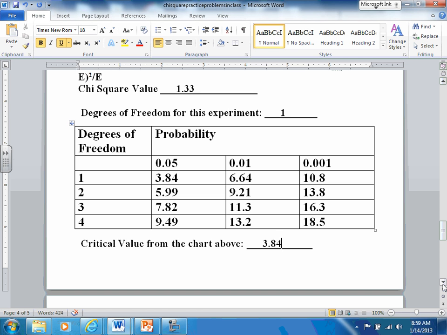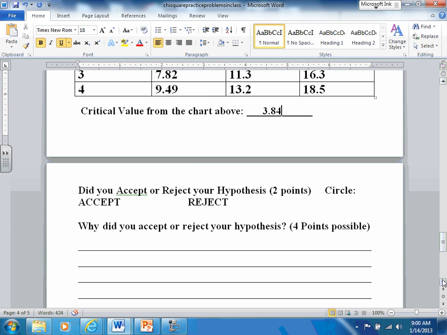Our differences between observed and expected are small, and probably just because of chance. So what do we do with our hypothesis here? We're going to accept our hypothesis. Our hypothesis is essentially that 3/4 should have been tall and 1/4 should have been what? Short. We can accept that hypothesis because our data support that hypothesis. Does that make sense? All right, let's talk about what you're going to do.